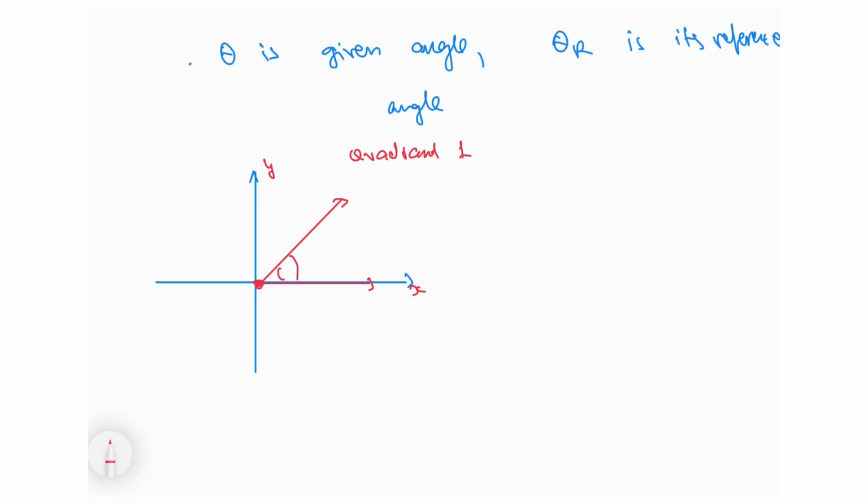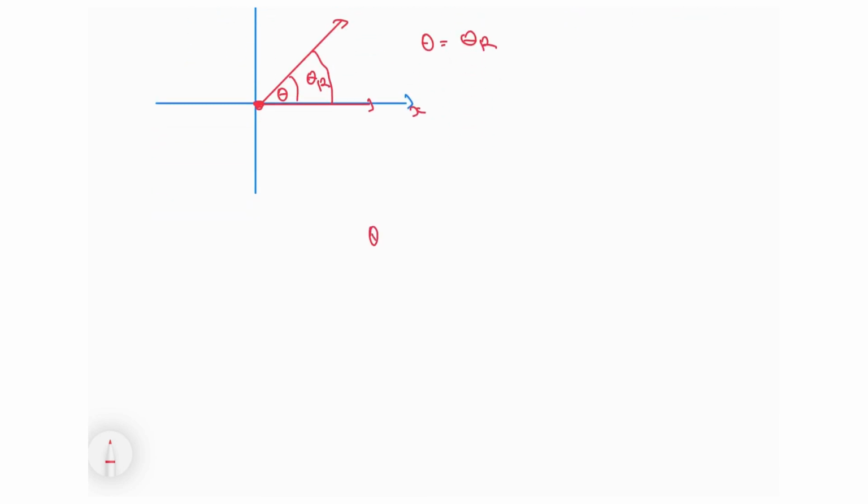Now, if this is theta, this is also theta r. So when the angle is in the first quadrant, the reference angle and the starting angle are the same. So we can say theta equals theta r. Now let us see the second quadrant.